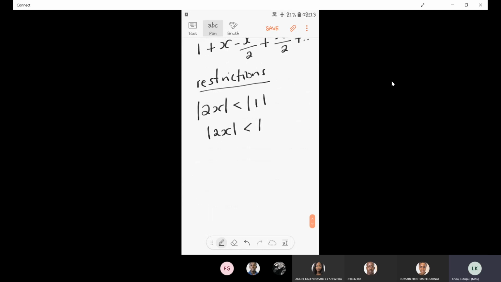And this is also the same as absolute value of x is less than a half, because when you're multiplying two absolute values, you can write it as the product of their absolute values. So absolute value of 2x is the same as absolute value of 2 times absolute value of x, and then you can divide by the absolute value of 2 on both sides. That's where I got that one. But even this is perfectly fine.